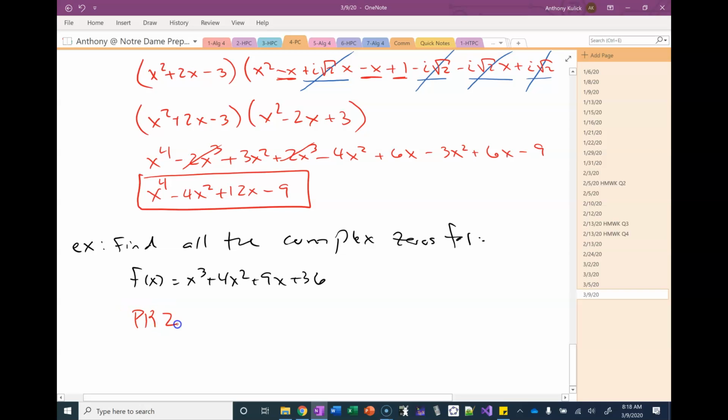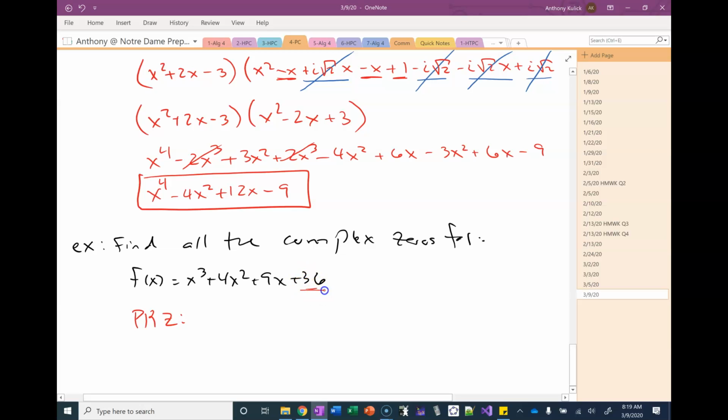So I'll start by listing my possible rational zeros. How do I find those again? Well, that's what we're trying to do to find all the complex zeros. But I want to just start by looking at the list of things that I might want to do my synthetic division with.